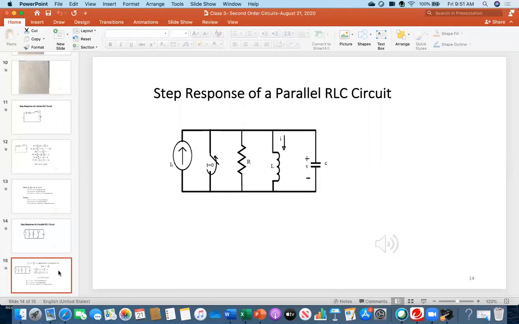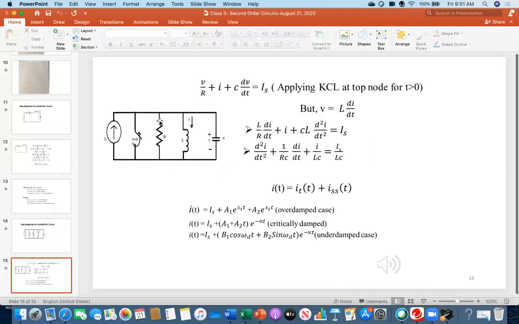Similarly, this is the circuit. Now apply KCL at the top node for t greater than 0. The current I enters here and then flows through the resistor, the inductor, and the capacitor. According to KCL, assuming the voltage at the top node is V, I is equal to V over R plus the inductor current plus, for the capacitor, iC equal to C dV by dt.